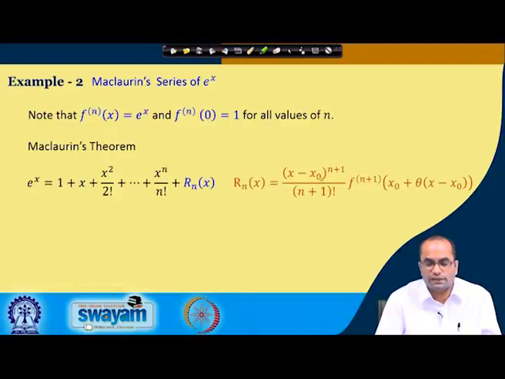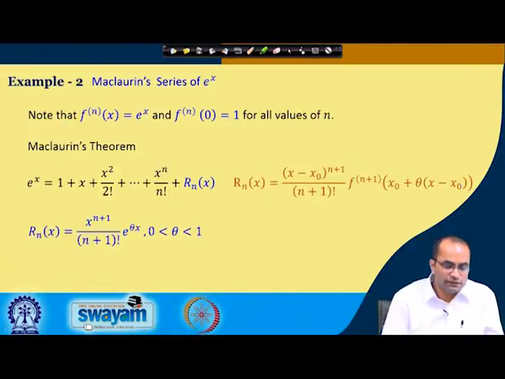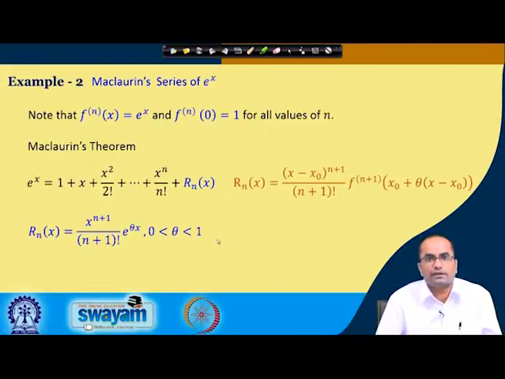So, R n x is the remainder term, which we have just seen. The remainder term is x minus x 0 power n plus 1 divided by factorial n plus 1, times the n plus 1 derivative at some point, which is x 0 plus theta times x minus x 0. Here if we substitute x 0 equal to 0, then we get this remainder x power n plus 1 divided by factorial n plus 1 and e power theta x, where theta is between 0 and 1.